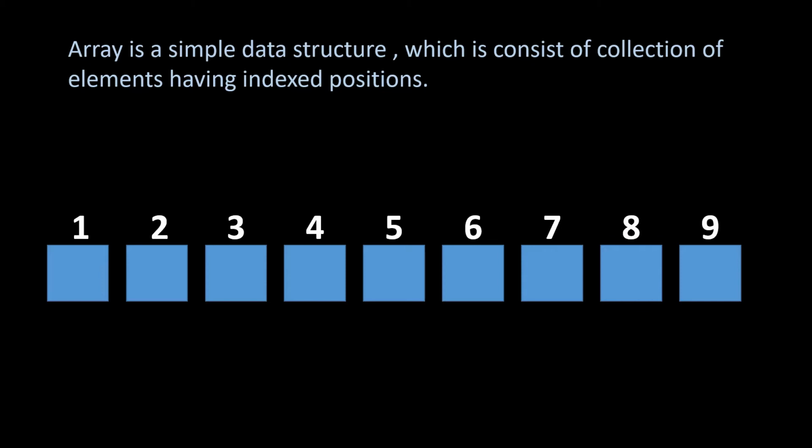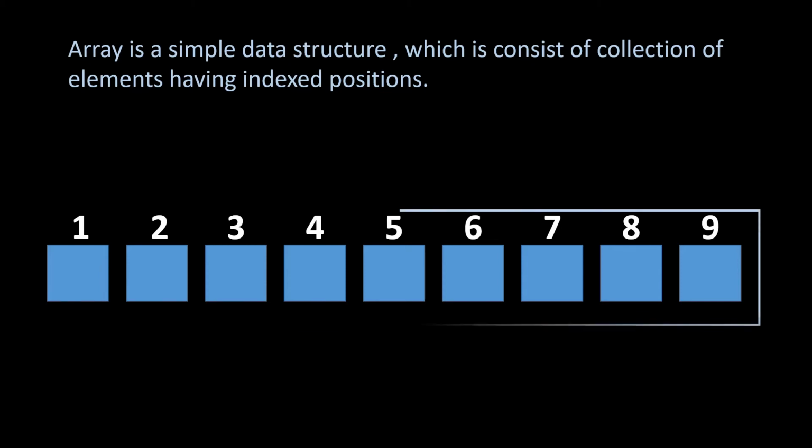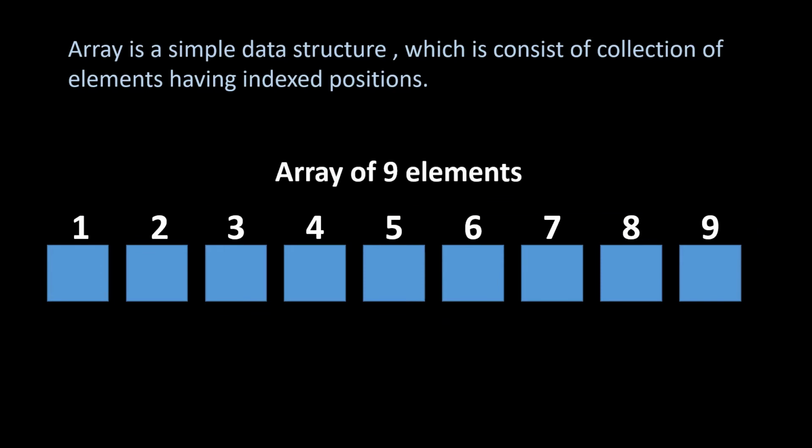And this arrangement having indexing on all these elements is called an array of 9 elements. Later in this video, you will see that the indexing of the elements in a given array will begin with 0. Now the question is, how do we store an array in computer memory?